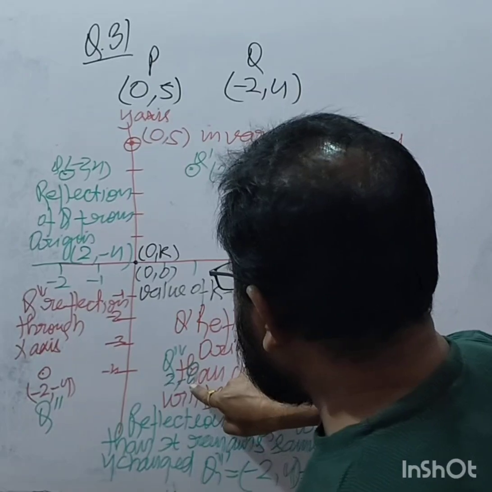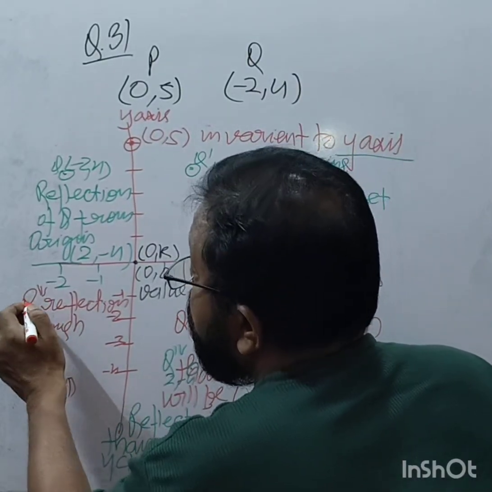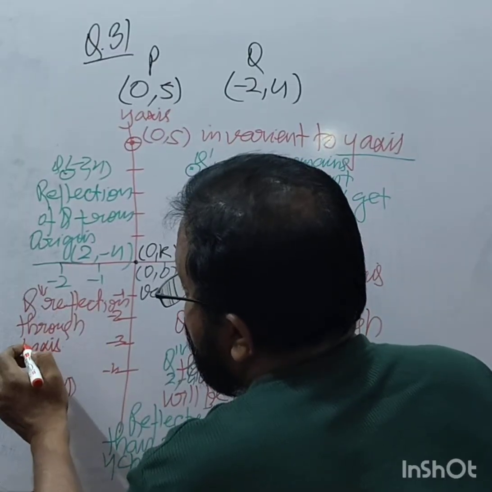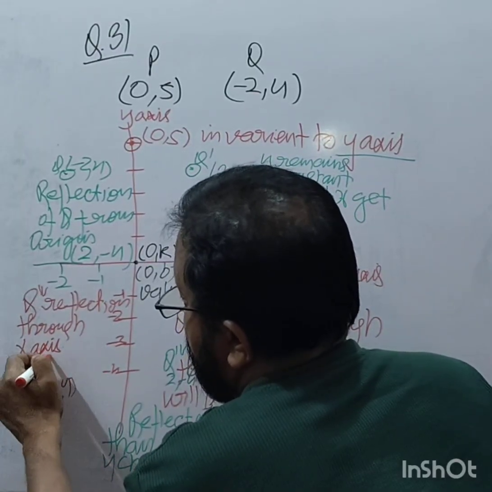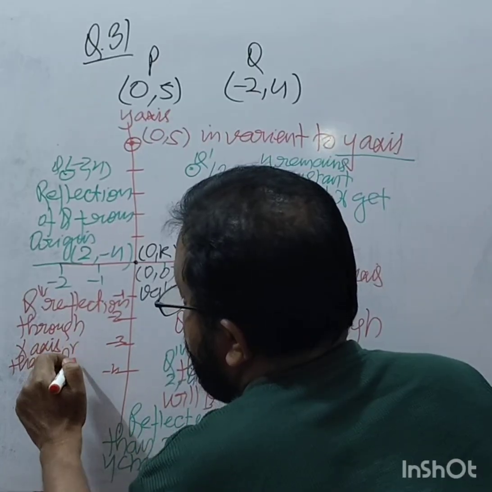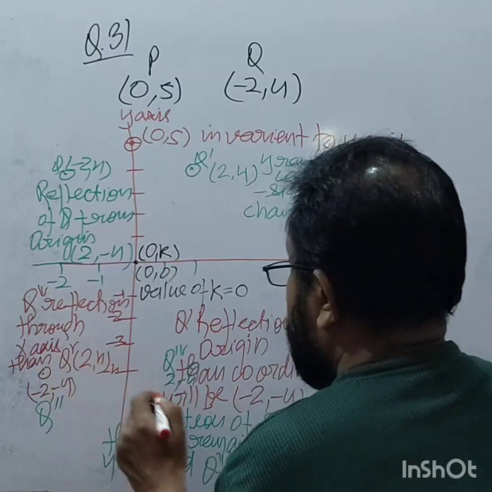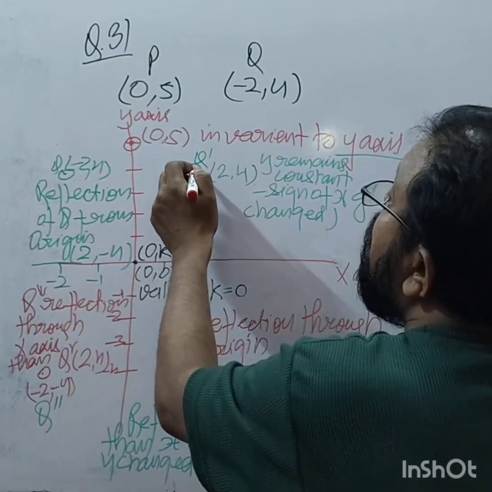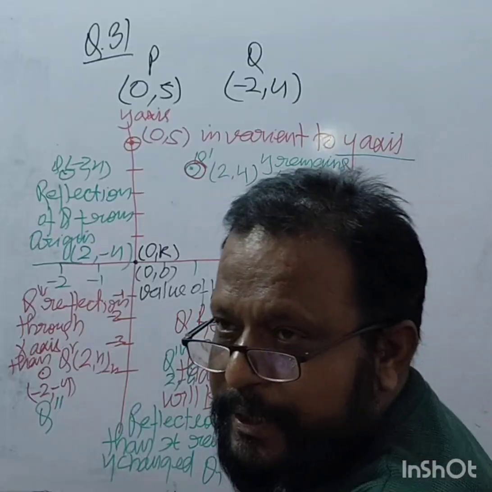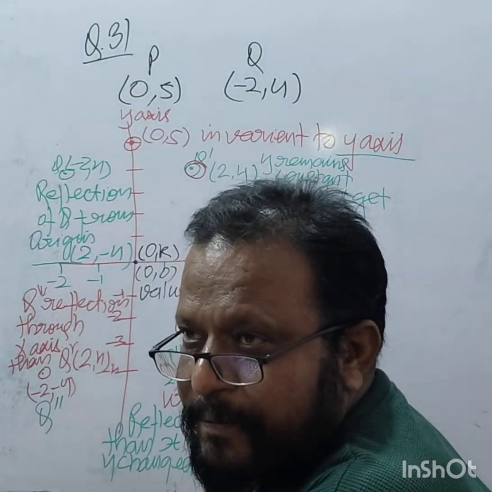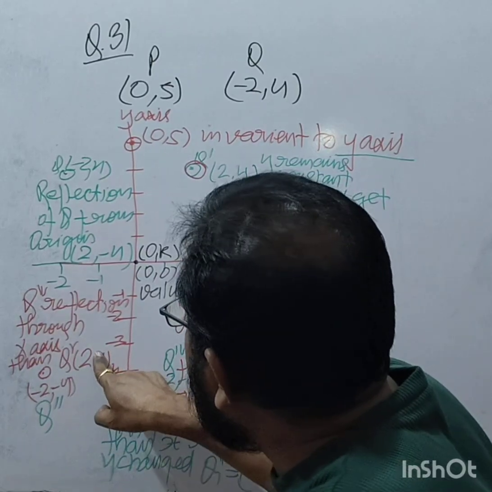The sign of y, minus 4, turns to plus 4. So Q4 reflected through the x-axis, then Q5 will be 2 comma 4. So this becomes 2 comma 4. You get this? We get 2 comma 4.